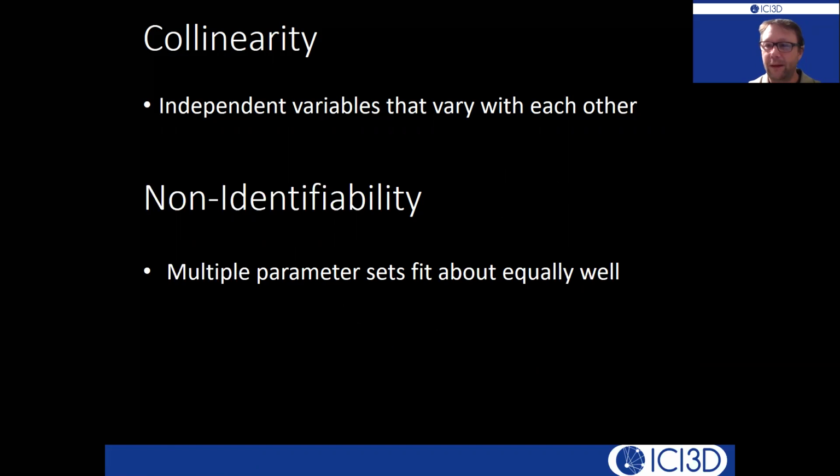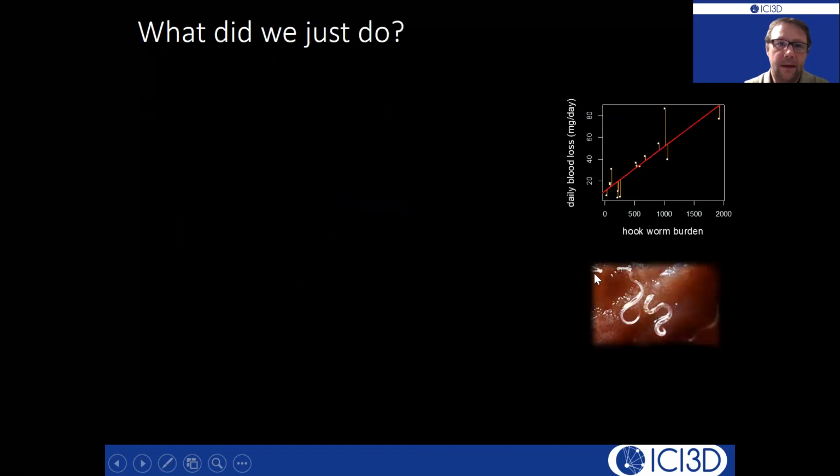But maybe we have different sets of those that fit a particular model just as well. Then we can't definitively say which parameter set is better. That's the non-identifiability problem.